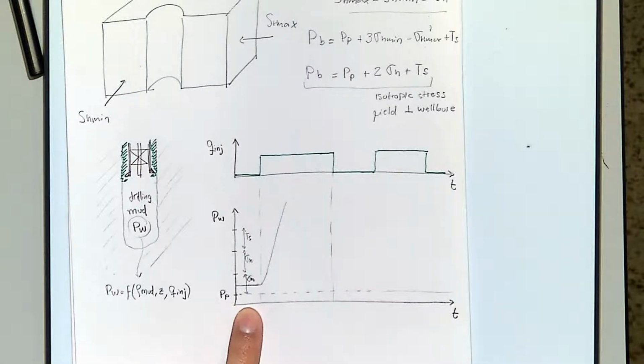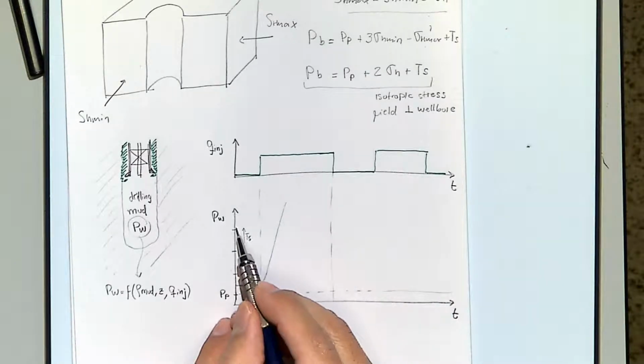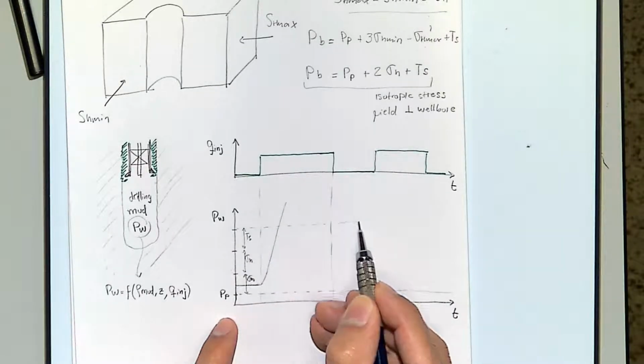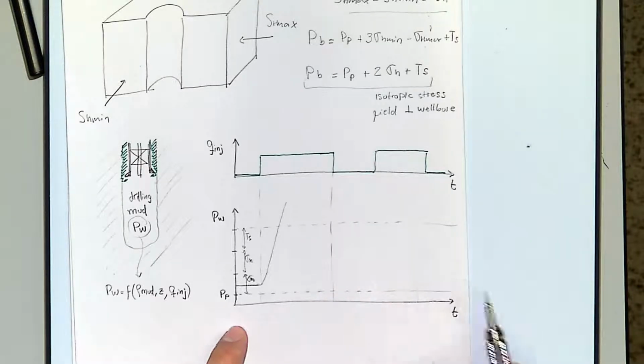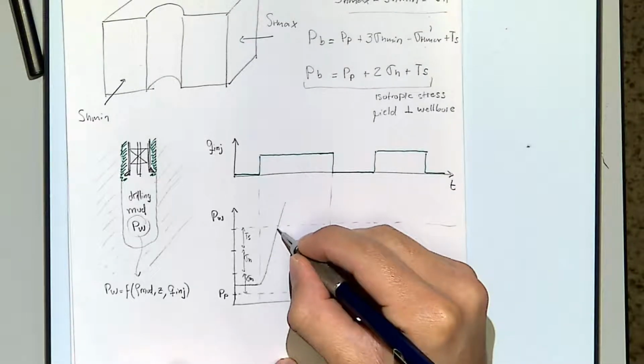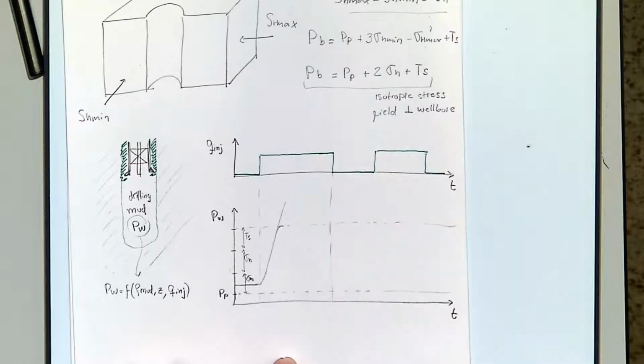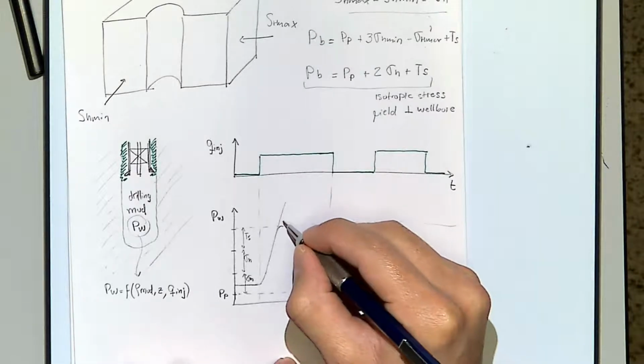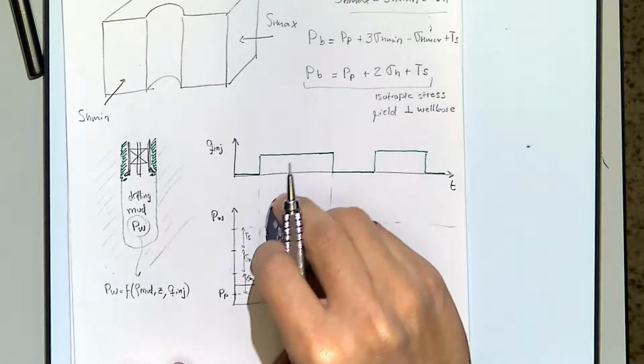So this is as far as you can go in the pressure in the wellbore. You cannot go higher than that, because at that point you're going to start causing a tensile fracture, and that tensile fracture is going to be filled with drilling mud and it's going to propagate.